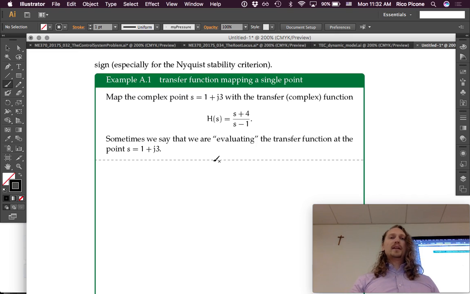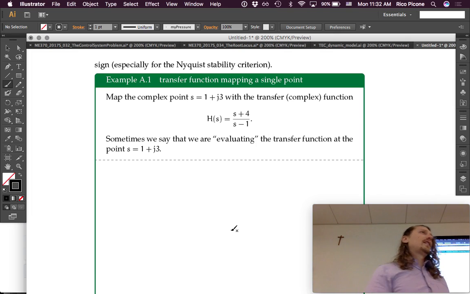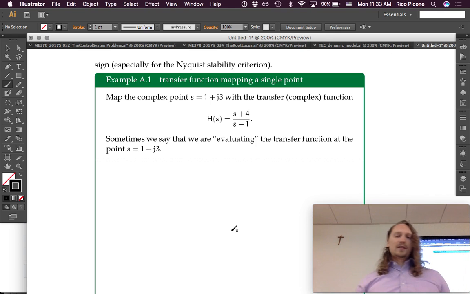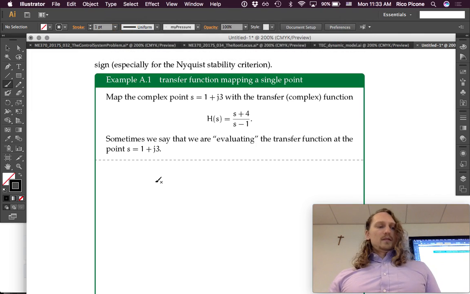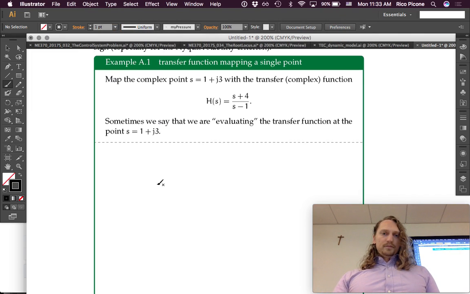Map the complex point s equals 1 plus j3 with the transfer function, which is a complex function as we covered. Sometimes we say that we are evaluating the transfer function at the point s equals 1 plus j3. So I think you guys can do this. I believe in you. Can you help me out?